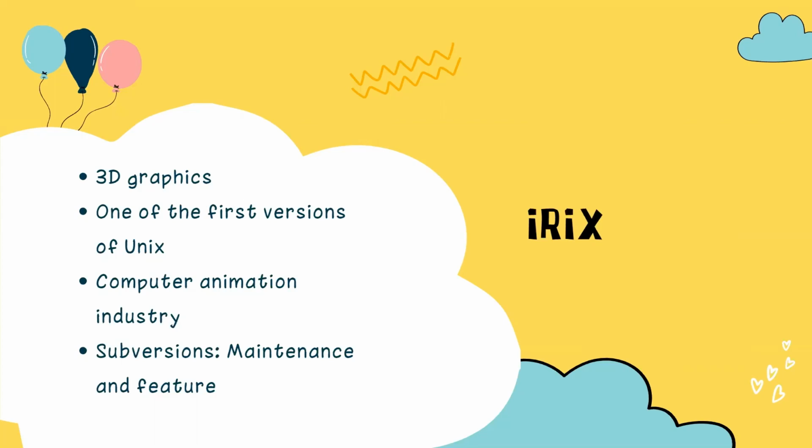Also, due to technological changes and the abandonment of its development by SGI, it has lost that popularity. There are two branches, maintenance and feature, which roughly correspond to the stable and development versions of other programs. The maintenance branch contains performance improvements and bug fixes, and the feature branch contains new subsystems. Next one, please.